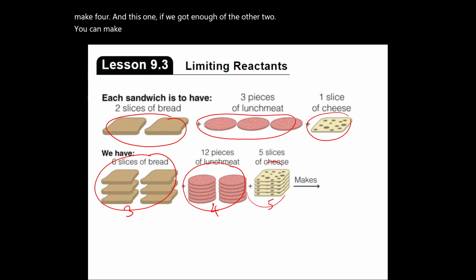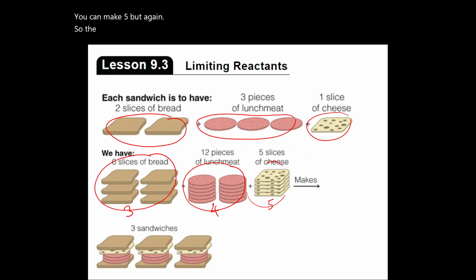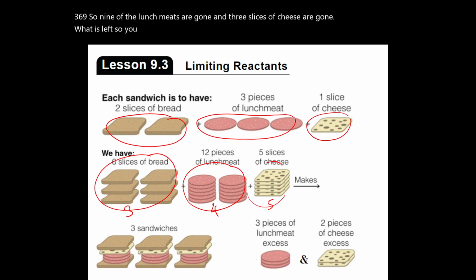But if you just start making your sandwiches, you use 2, 4, 6 slices of bread, and for each one you use 3, 6, 9 lunch meat. So 9 pieces of lunch meat are gone, and 3 slices of cheese are gone. You made 3 sandwiches, but 3 pieces of lunch meat are in excess, and 2 pieces of cheese are in excess.